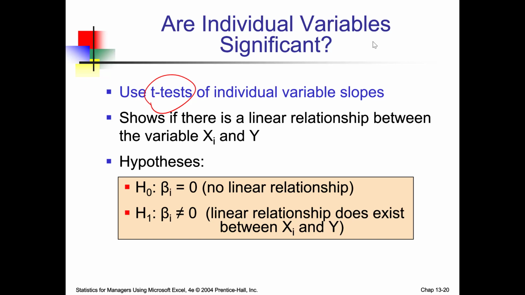It will also show whether or not there's a linear relationship between the individual variable and the dependent variable y. So the hypotheses are H0: beta i equals 0, H1: beta i not equal to 0. So we're testing each independent variable one by one.